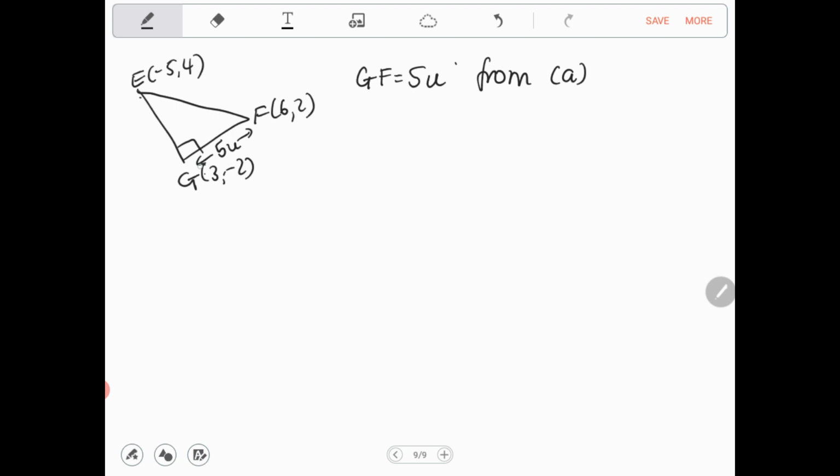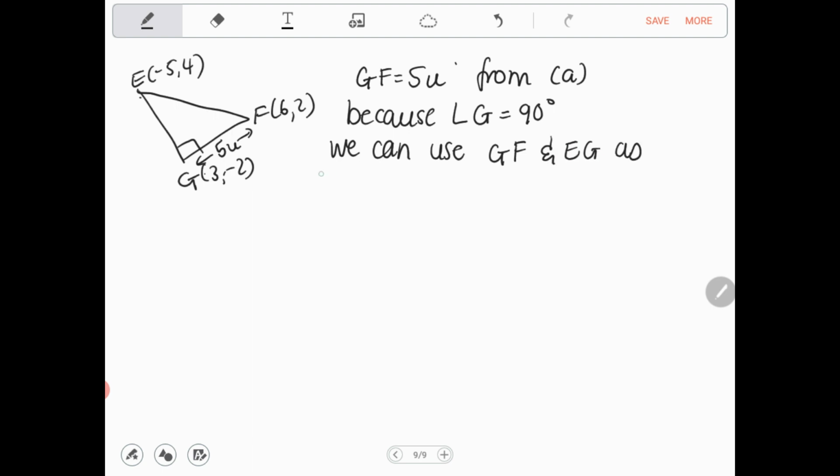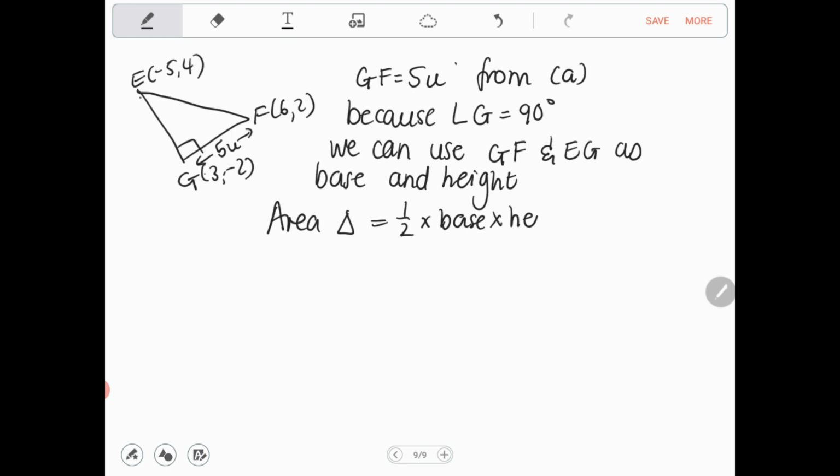We have worked out that angle G is 90. That was what we've just done. And do you remember that for a triangle, the area of a triangle is a half times your base times your height.